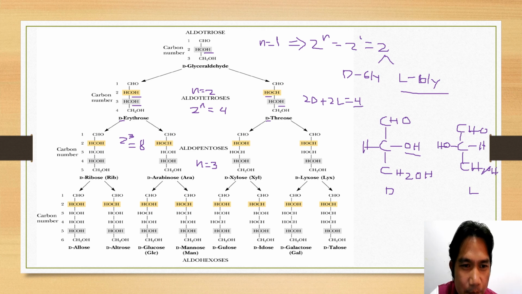So what are they? We have here D-ribose, D-arabinose, D-xylose, and D-lyxose.